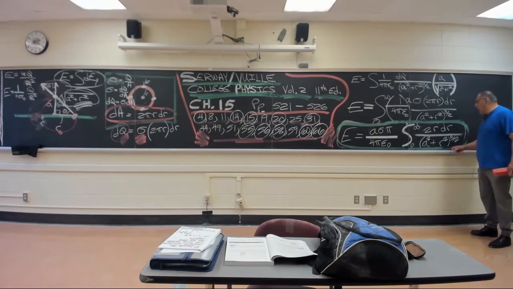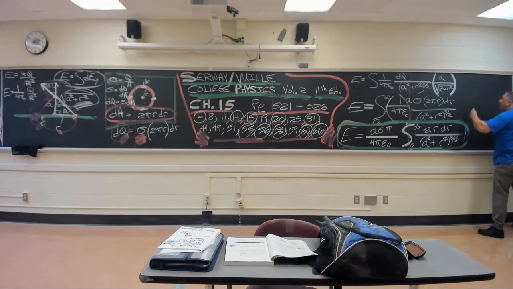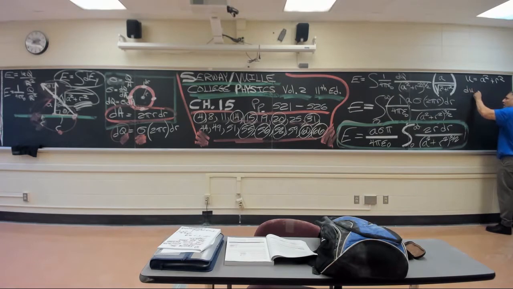Why don't you just call the quantity a squared plus r squared, call it u. Well, du then would be, if you said u was equal to a squared plus r squared, du dr would be 2r. du would be 2r times r.